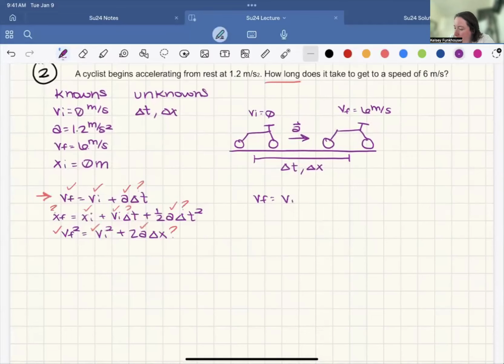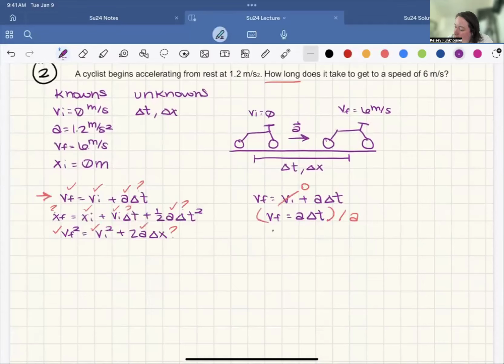So v final equals v initial plus acceleration times the time interval, and we start off with v initial as 0. That puts us at v final equals acceleration times the time interval. And then we can just divide by acceleration on both sides because we're solving for the time interval.